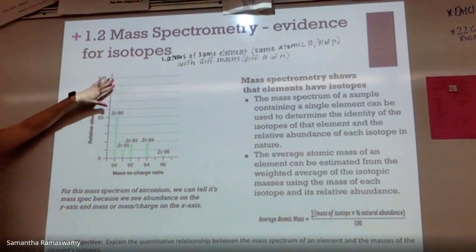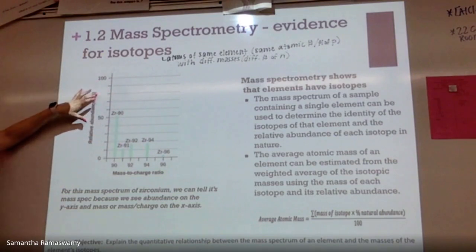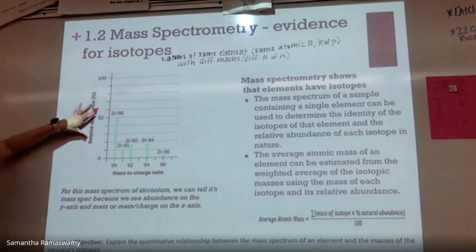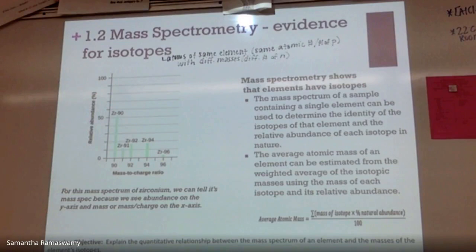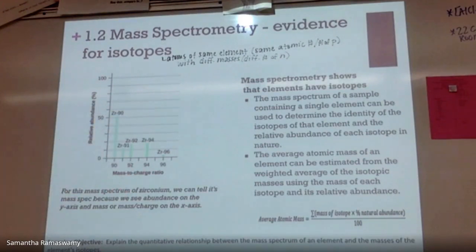A mass spectrum, that's a graph. A mass spectrum helps you identify what the element is, how many isotopes the element has, and a rough idea for the average atomic mass. So this shows a mass spectrum of zirconium, Zr.